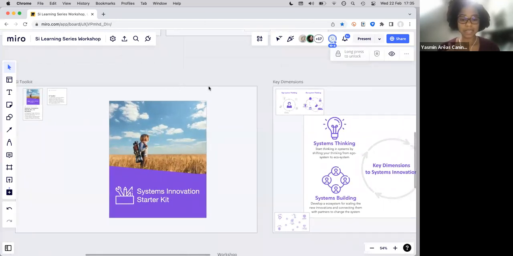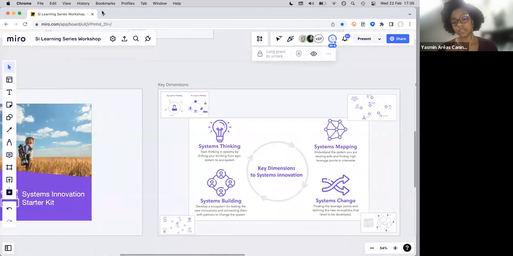As it's shown here, we have developed a systems innovation kit that we're going to share with you, the key dimensions of how you can go about doing systems innovation. Of course, each one of these sessions we're going to address in the SI Learning series in different months.